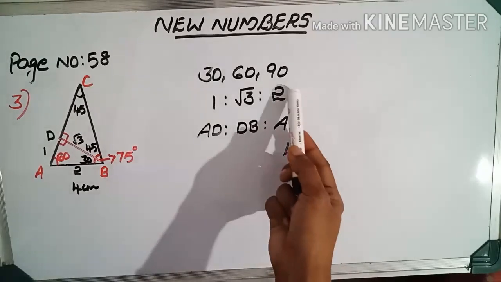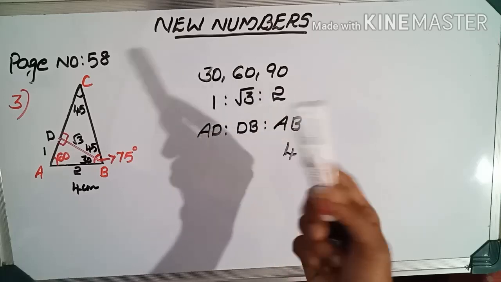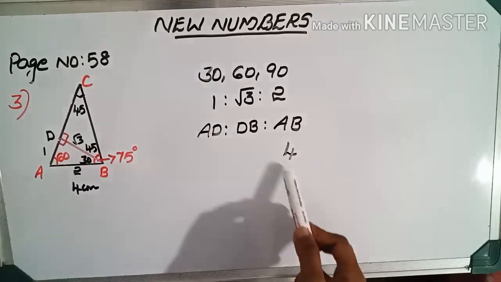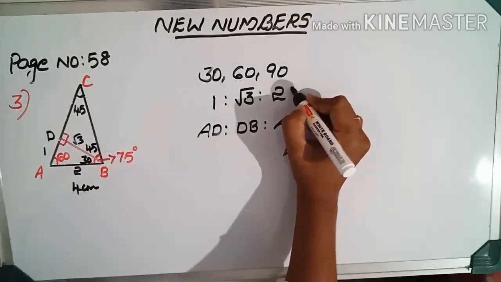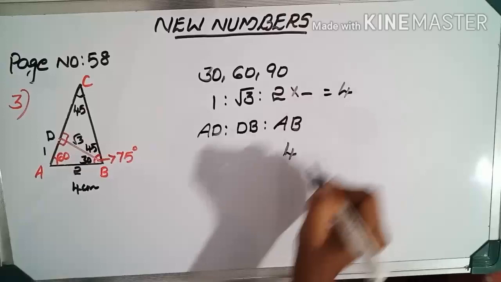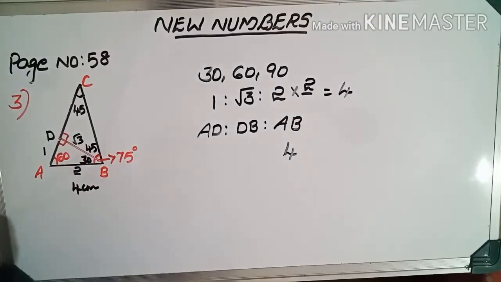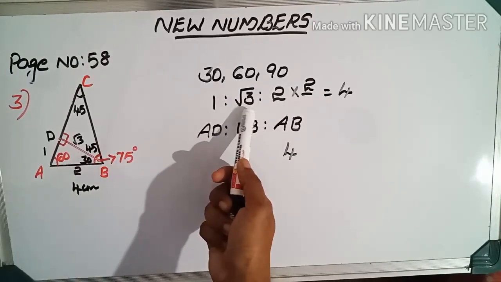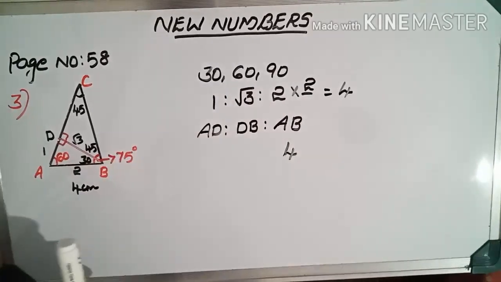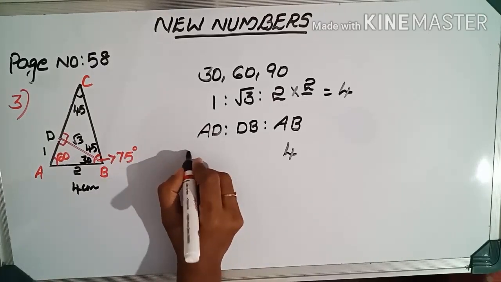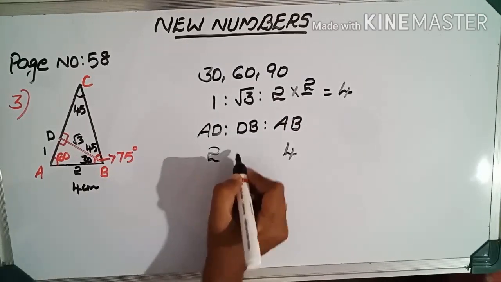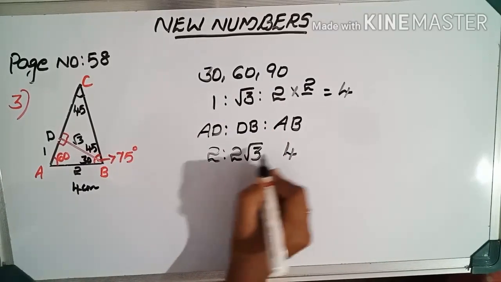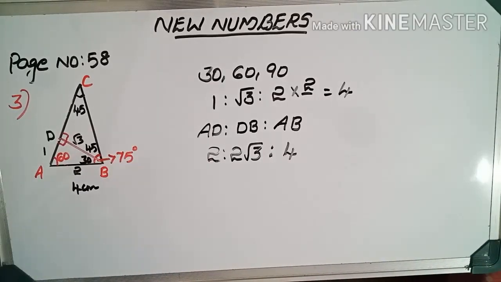What change? 2 is multiplied by a particular number to get 4. 2 into what is 4? 2 into 2 is 4. That means the same multiplication by 2 must be given to these two portions: 1 into 2 and root 3 into 2. So AD becomes 1 into 2, that is 2, and root 3 multiplied by 2 is 2 root 3, and 2 becomes 4.